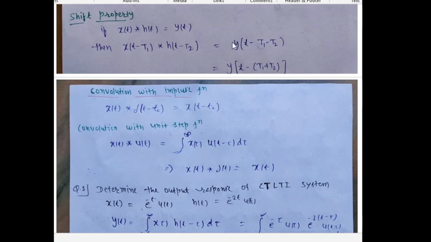This will be our final output. So we will prove this. Please prove it by the two equations we already wrote related to convolution. So the shifting property is given by this equation.